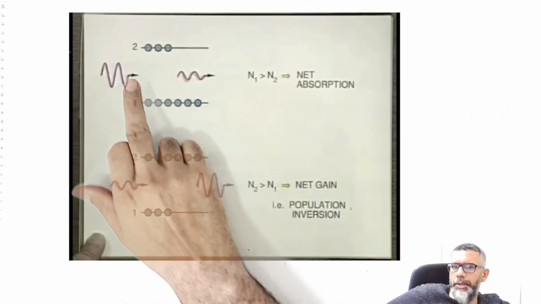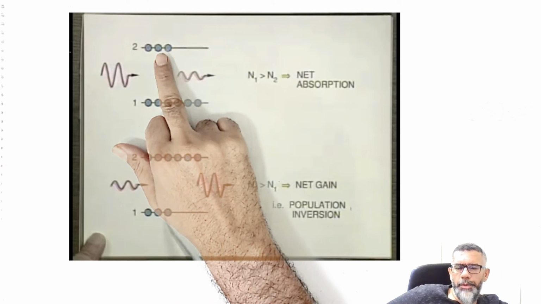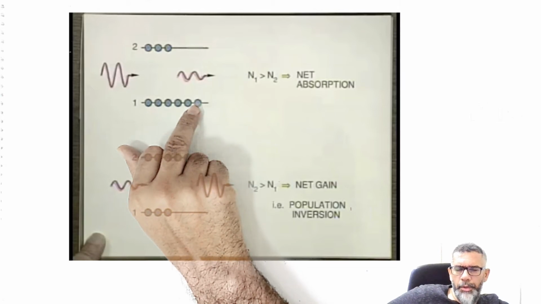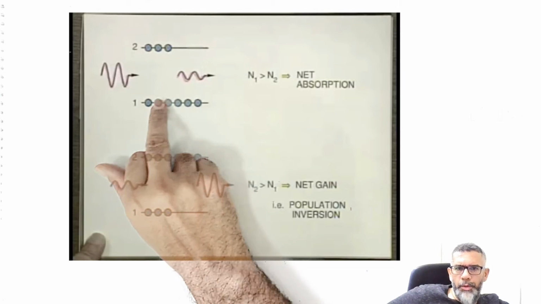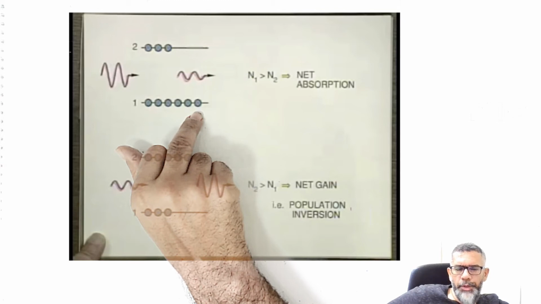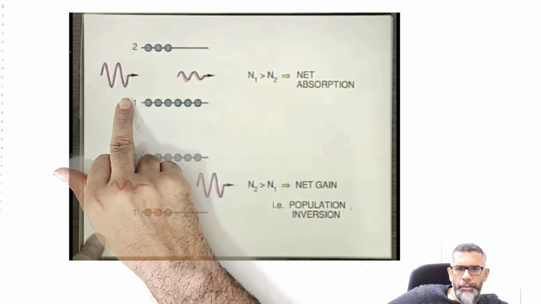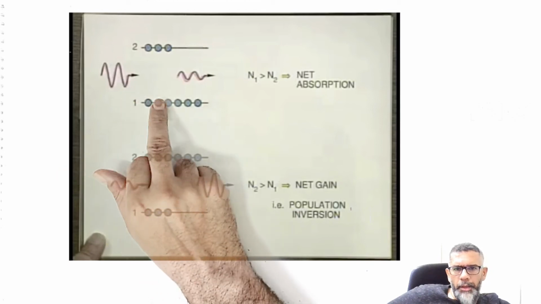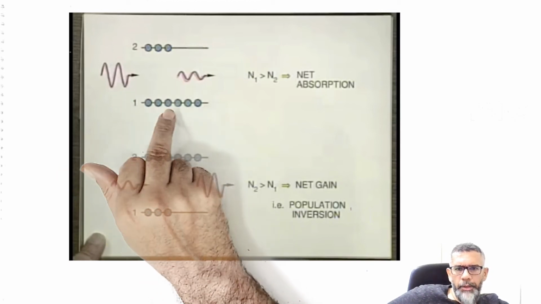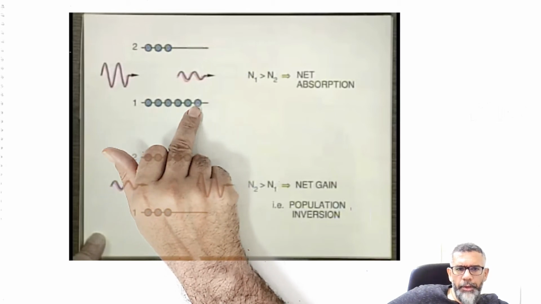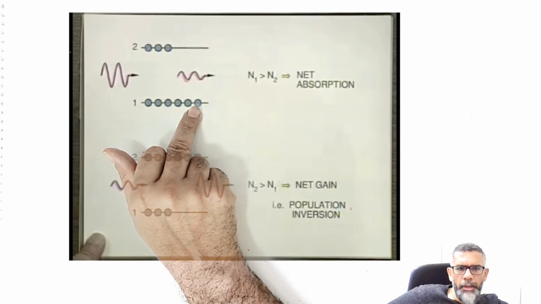Next picture. What you see is that 3 of the atoms are in the excited level, but 6 of the atoms are in the ground state. So there are more atoms in the ground state than in the excited state. If there is some incoming light, that incoming light will be absorbed by the medium because there are more atoms in the ground state.